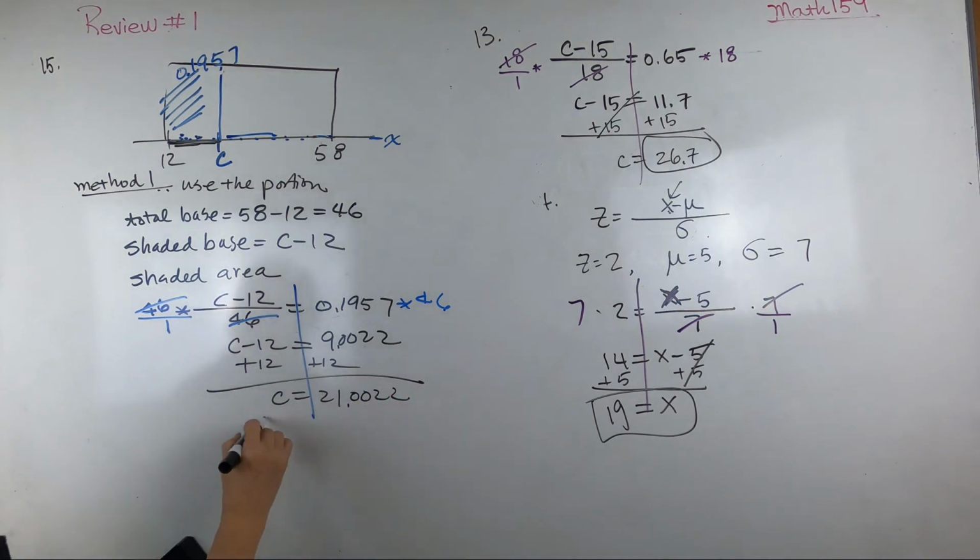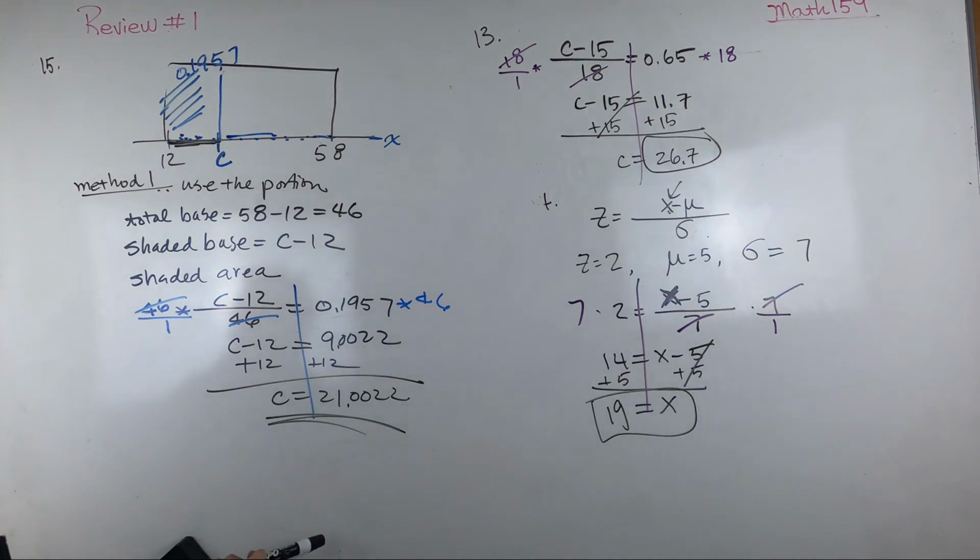21.0022. So what does that mean? C is 21.0022. It means if you wait for the bus, you will wait from 12 minutes to 21 minutes at the most.